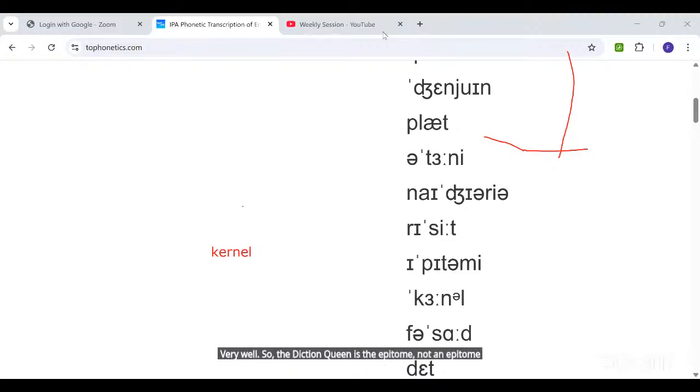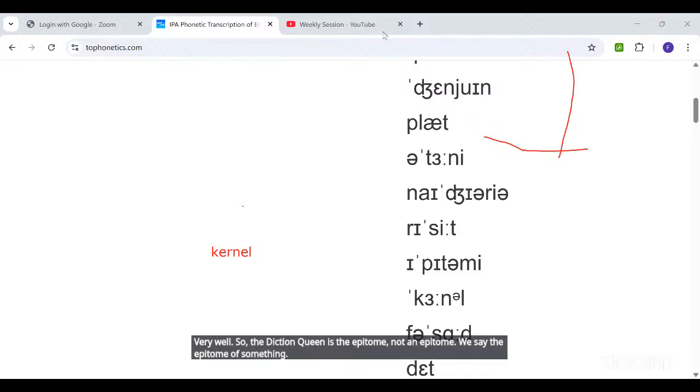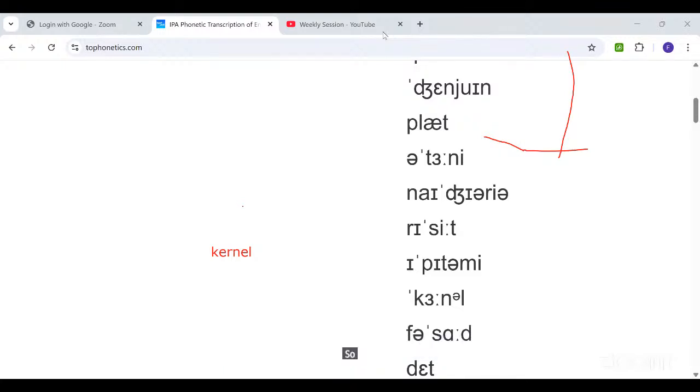We say the epitome of something. The is always the article it takes. We can't say an. So the diction queen is the epitome of beauty. Rakia is the epitome of good communication skill, etc.